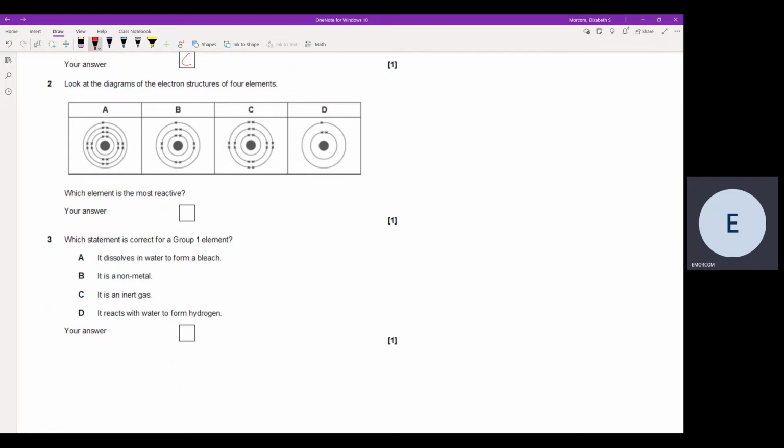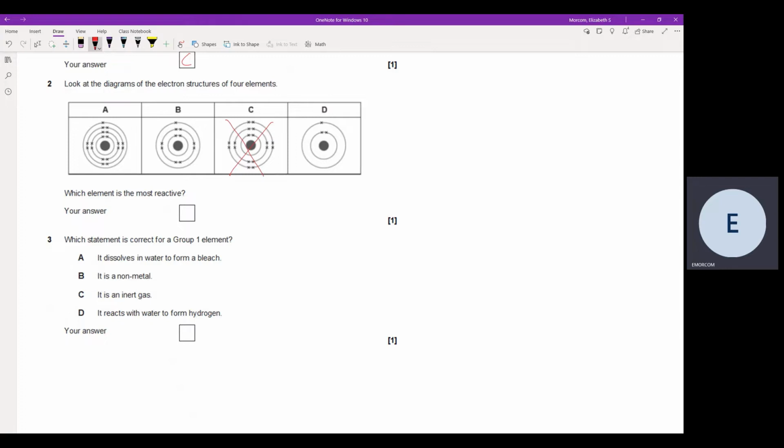C has 8. Well, we know that 8 electrons in the outermost shell, when it's the third shell, constitutes a full outer shell, and therefore C is not going to be very reactive at all because it already has a stable electronic configuration.